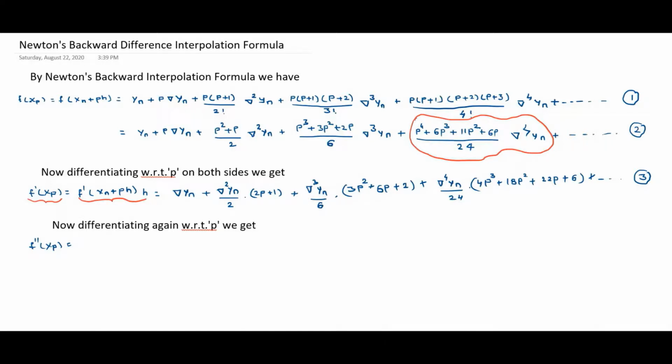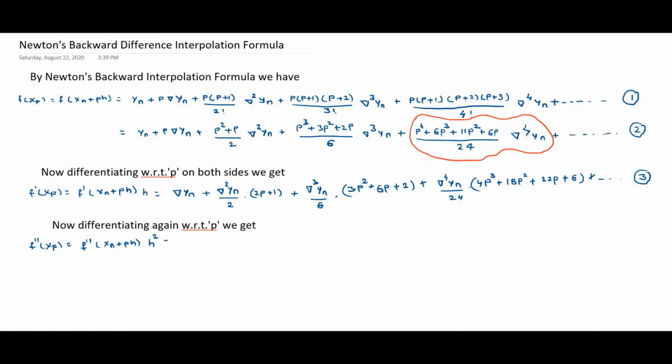Its differentiation is f double dash of xn plus ph, and already we have h, but differentiation of this ph is equal to h, and already we have h, so in total it becomes h square.